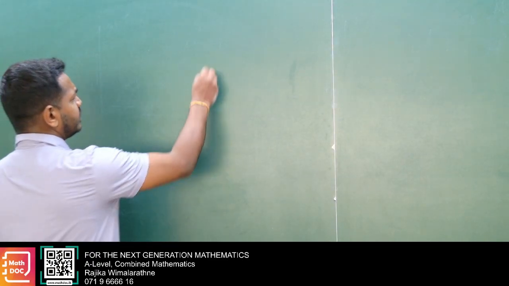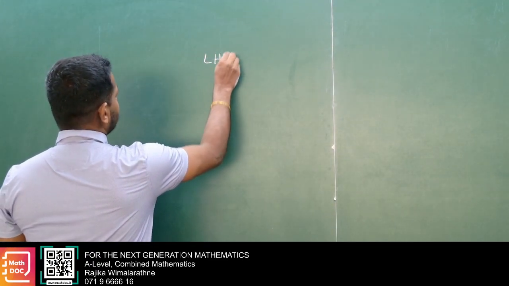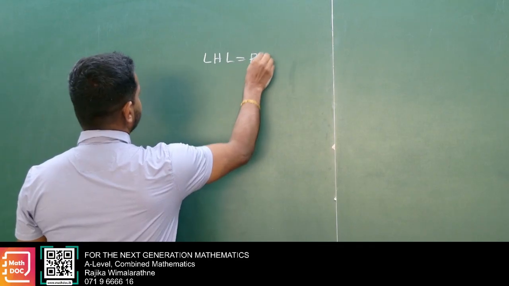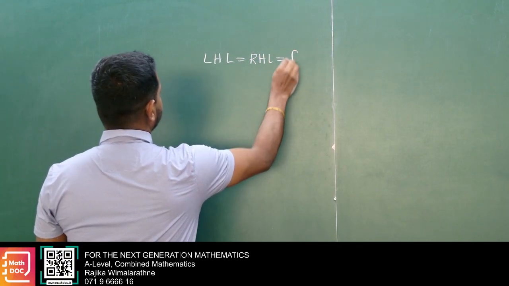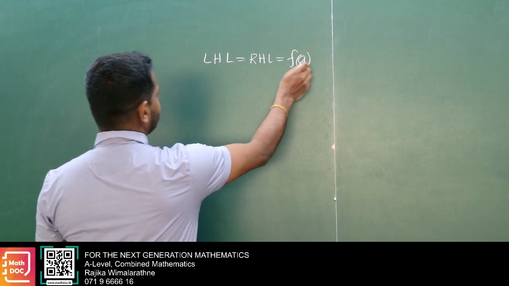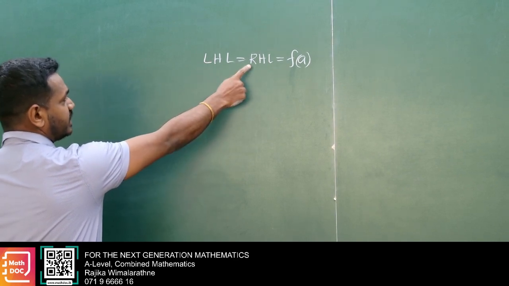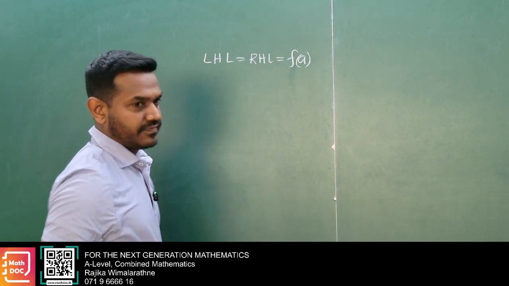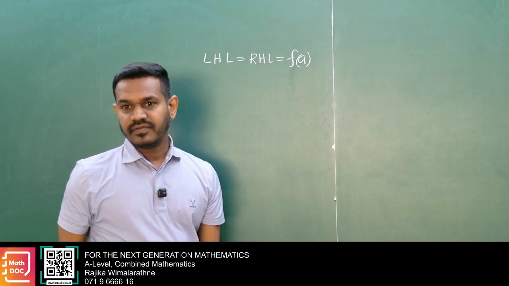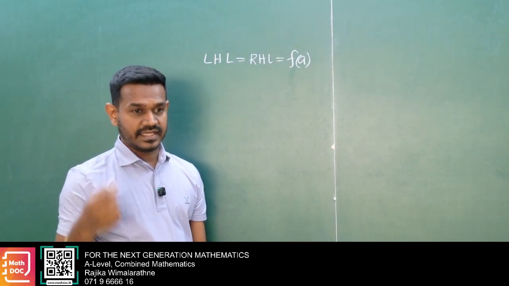Under that, write down left hand limit equal right hand limit equal f(a). I'll describe this, but just write left hand limit equal right hand limit equal f(a). We call the function is continuous at a.